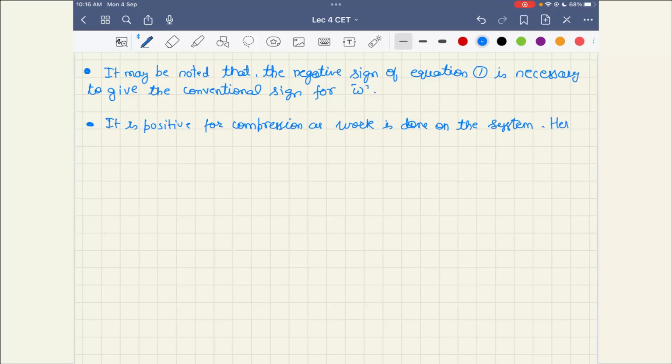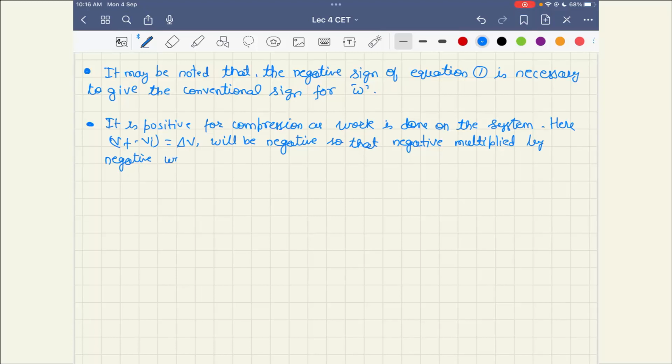So here Vf minus Vi, which is delta V, will be negative, so that negative multiplied by negative will be positive, right.